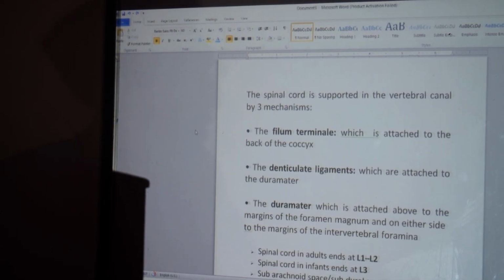And then there is the dura mater, which is attached above to the margins of the foramen magnum, and on either side it is attached to the intervertebral foramina. So these three important structures, the filum terminale, the denticulate ligaments, and the dura mater, attach the spinal cord to the inside of the vertebral canal.